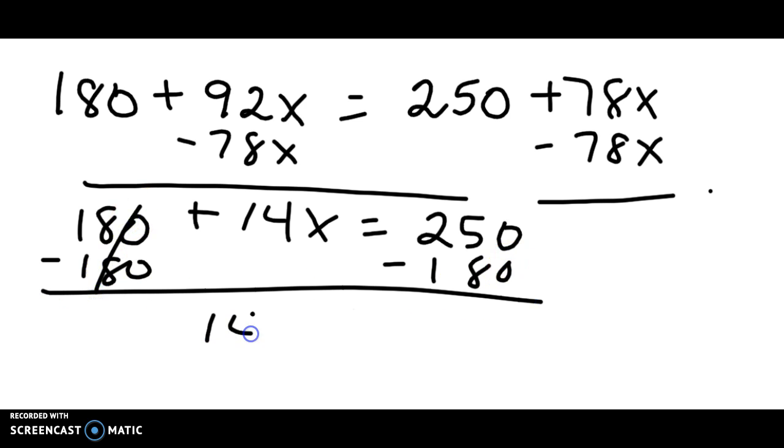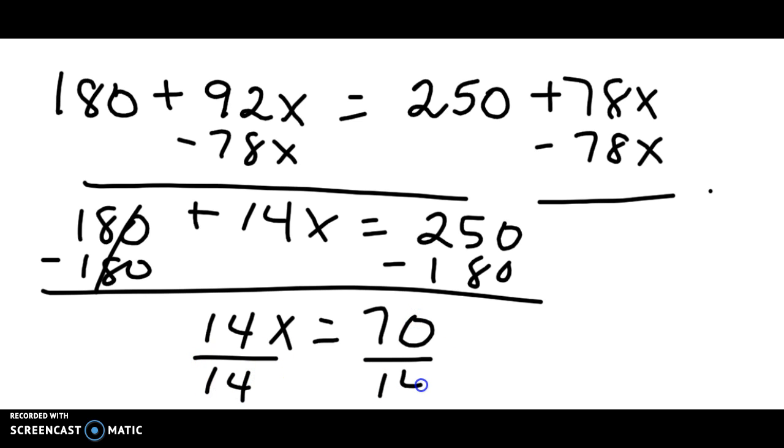So now we have 14x equals 70. Divide both sides by 14. And then x equals 5. So 5 would be the number of hours, because we said x is going to represent our hours, that they're going to charge the same amount.